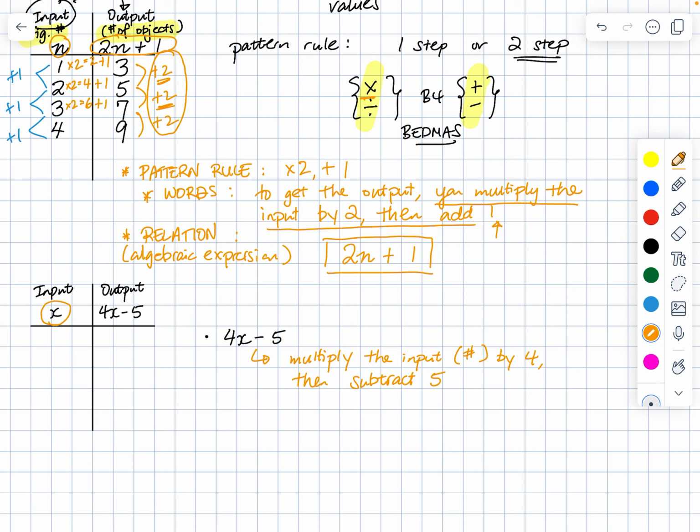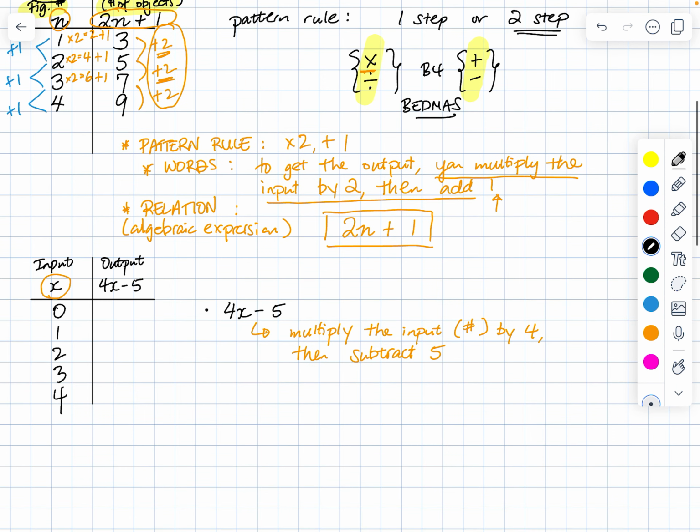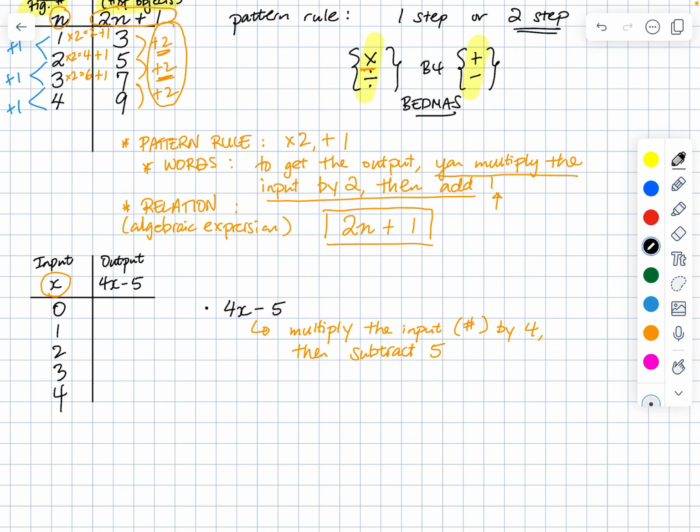Okay, so our input values this time are going to be negative 1, 0, 1, 2, 3, and 4. So we have more values this time. So the question is, what are going to be the corresponding output values?